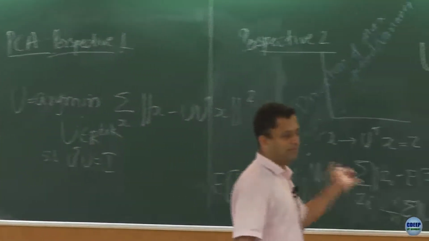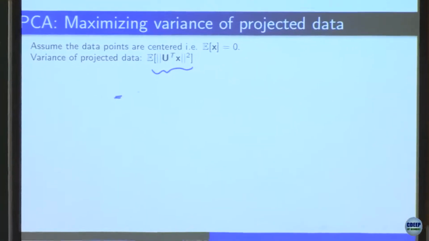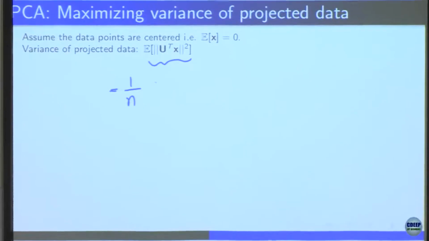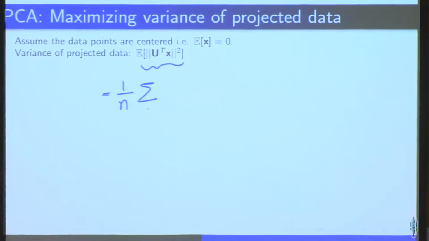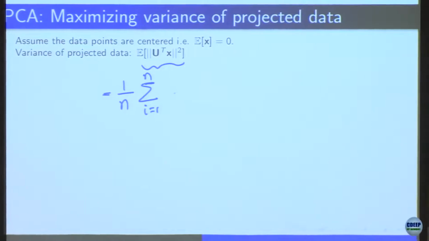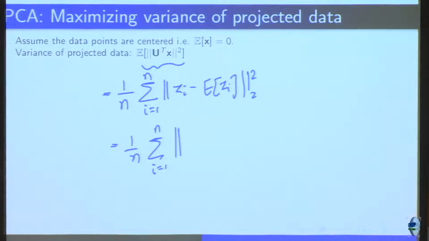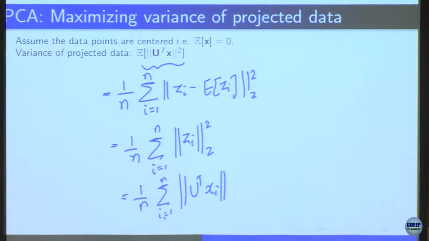Is that clear? If you require, again I will write this. All I am saying is this is 1 upon n, where there are n points, of the summation over i equals 1 to n of the norm of zi minus the expected value of zi, square, which is 1 upon n summation i equals 1 to n of norm of zi square, which is 1 upon n summation i equals 1 to n of U transpose xi square.